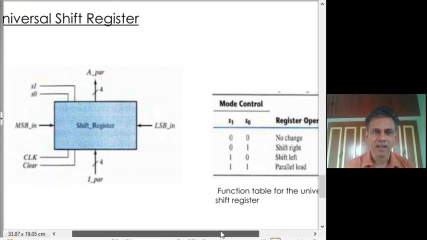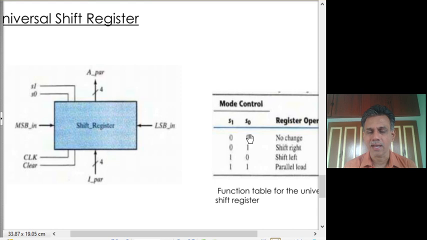For that, let us assume we use certain control signals which decide the mode of operation. There are four possible modes, so we need 2 bits to control the mode. We will call them S1 and S0. It is up to us to designate what control bit combination designates what functionality.